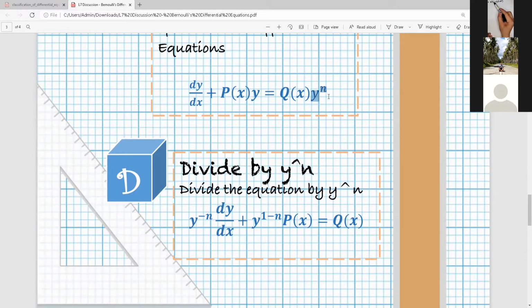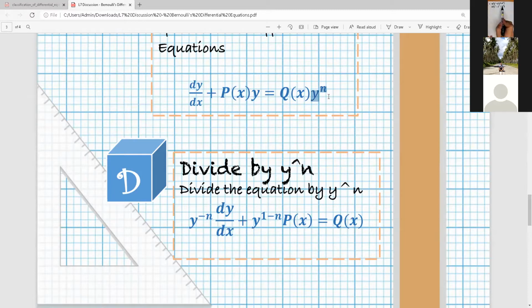So we distribute first, and then transpose. So 2x squared y prime is equal to y cubed plus 3x squared y.